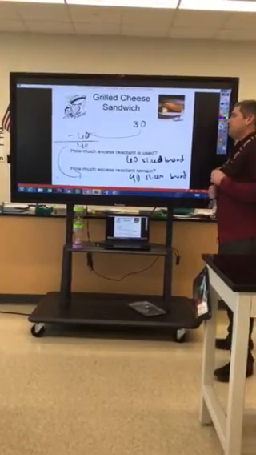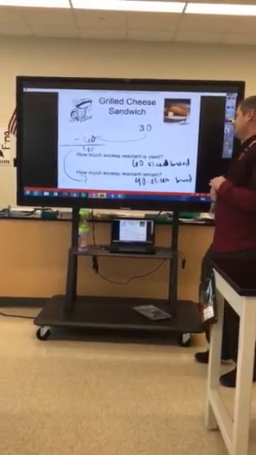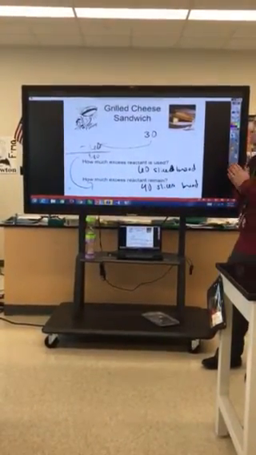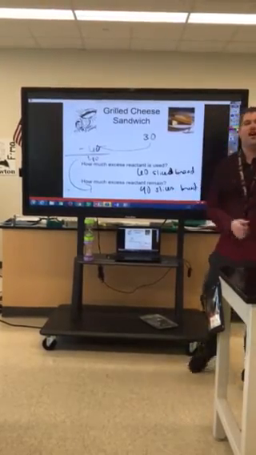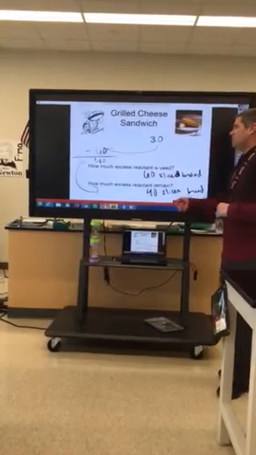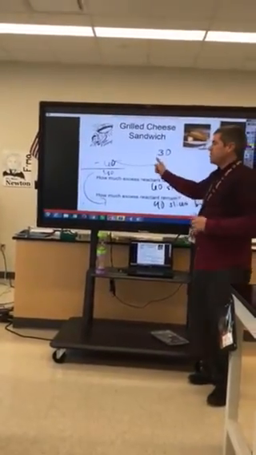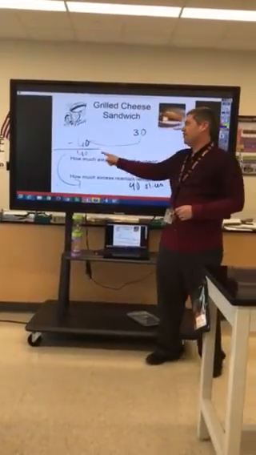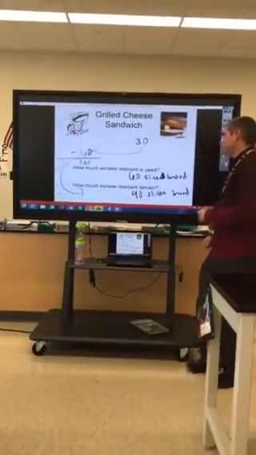Okay, grilled cheese sandwiches. How much excess reagent is used? Excess reagent is the non-limiting reagent. In this example, we made 30 sandwiches, so we used 60 pieces of bread, so we have 40 left over.